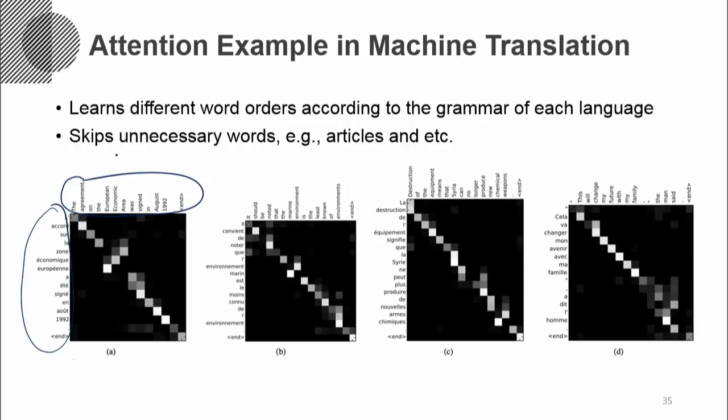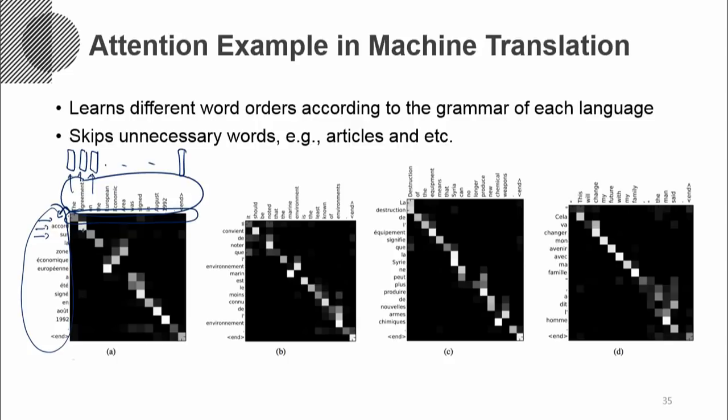We have the encoding hidden state vector for each word in our source sentence, and when generating each word in the target sentence, it will have its own attention vector applied to these encoding vectors. Each row can be viewed as an attention vector used when generating each of these output words.